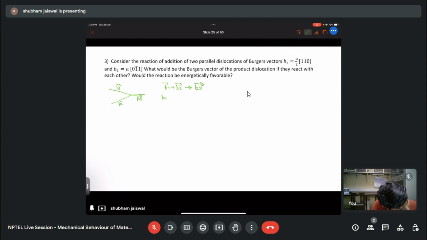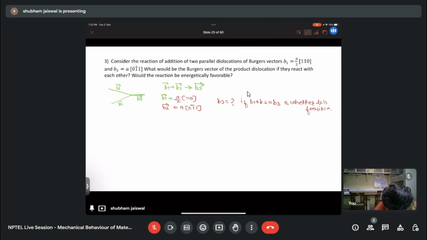B1 is given as a by 2 [110], and B2 is given as a [0 1bar 1]. They are asking what B3 is if B1 plus B2 equals B3, and whether it is feasible.